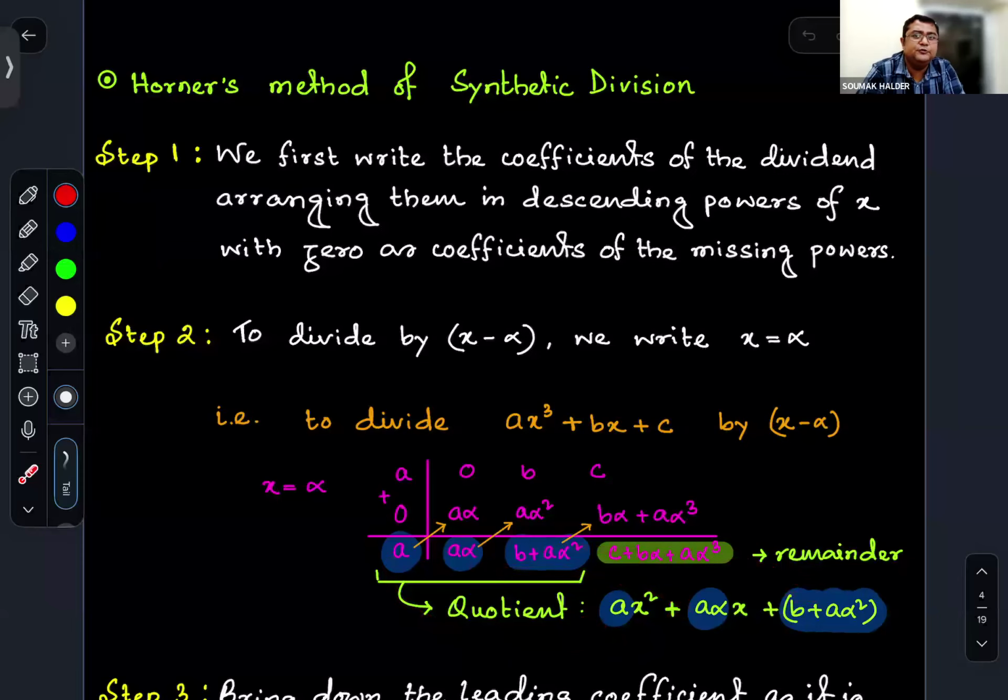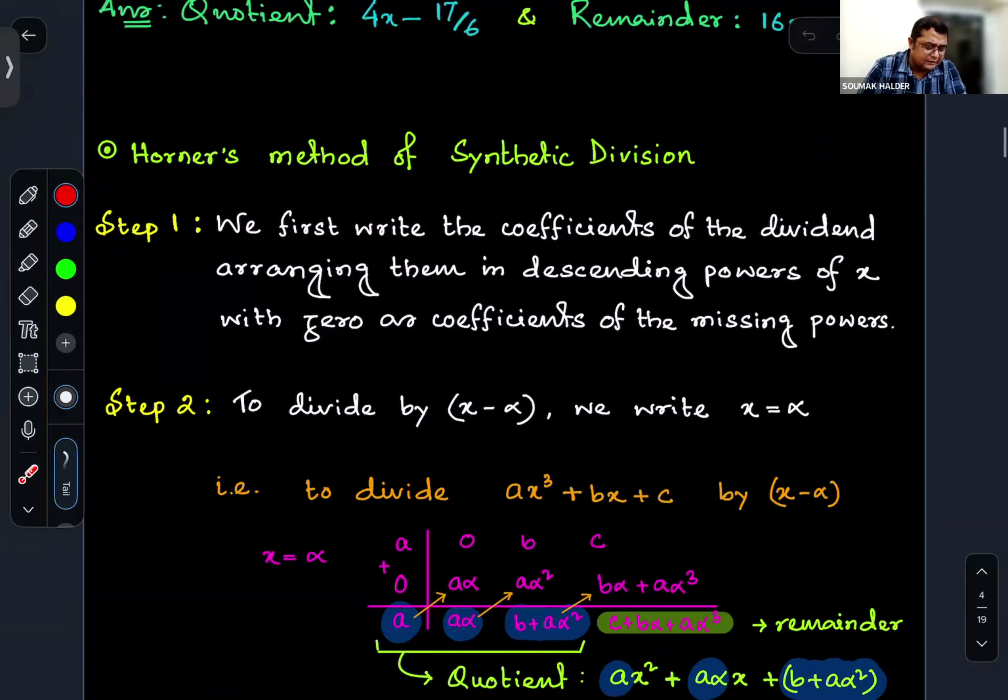So through this process we can identify the quotient as a x square added to (b plus a alpha) times x added to (c plus b alpha plus a alpha square). So that's your quotient, and the remainder, which could have been directly targeted through the remainder theorem or through this process. In both ways it's going to be the dividend polynomial substituted by alpha for x. So that makes the proceeding faster.